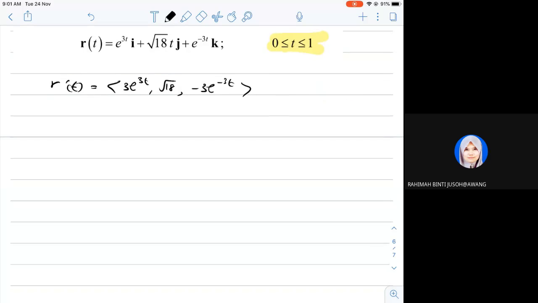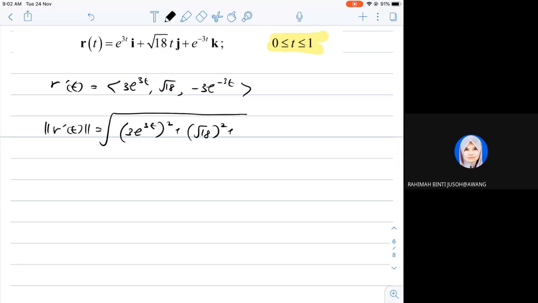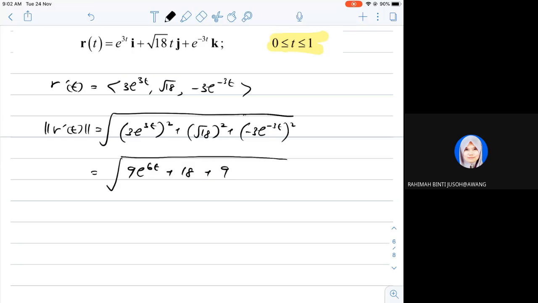After that we need to find the magnitude of r prime t: square root of 3 exponent 3t squared plus square root 18 squared plus negative 3 exponent negative 3t squared. If we expand all these terms, we will have 9 exponent 6t plus 18 plus 9 exponent negative 6t.